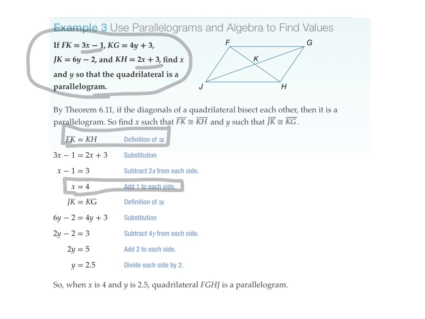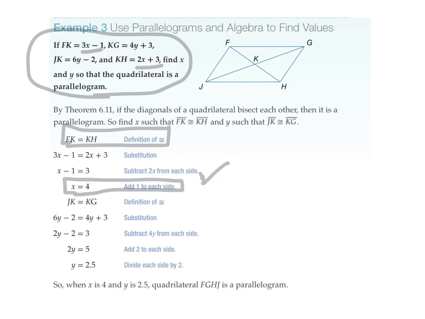You know me on this, what I would do is plug it back in again. If you get the same value, then the answer is yes. Well, 3 times 4 is 12, take away 1 is 11, so FK would be 11. 2 times 4 is 8, plus 3 is 11, so KH must also be 11. So that gives you your check of your algebra.